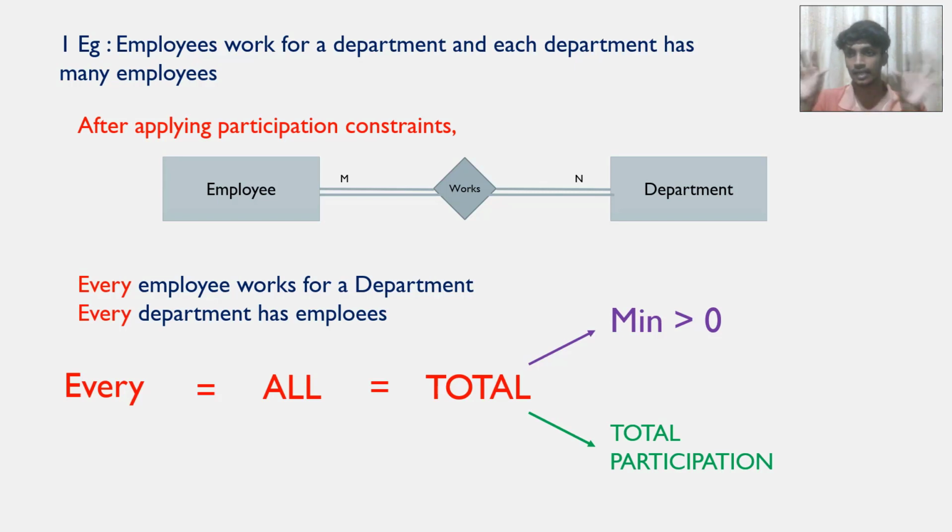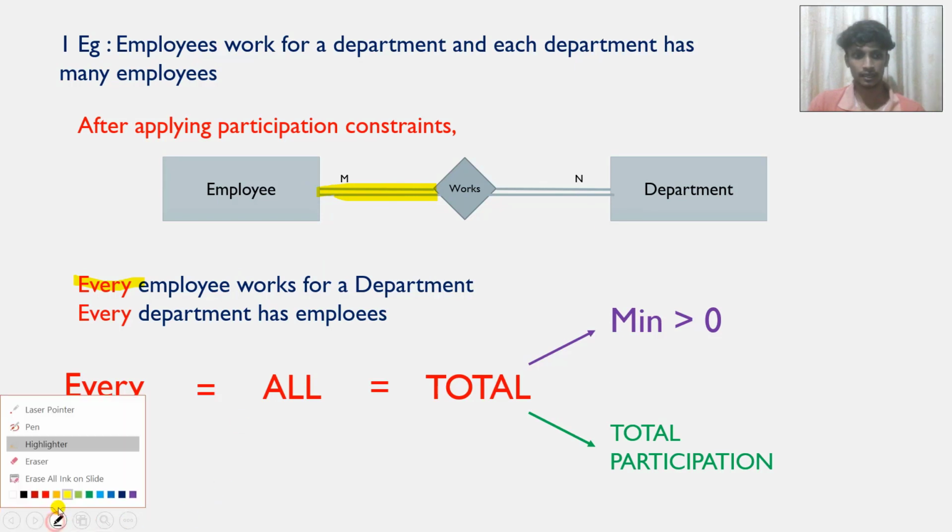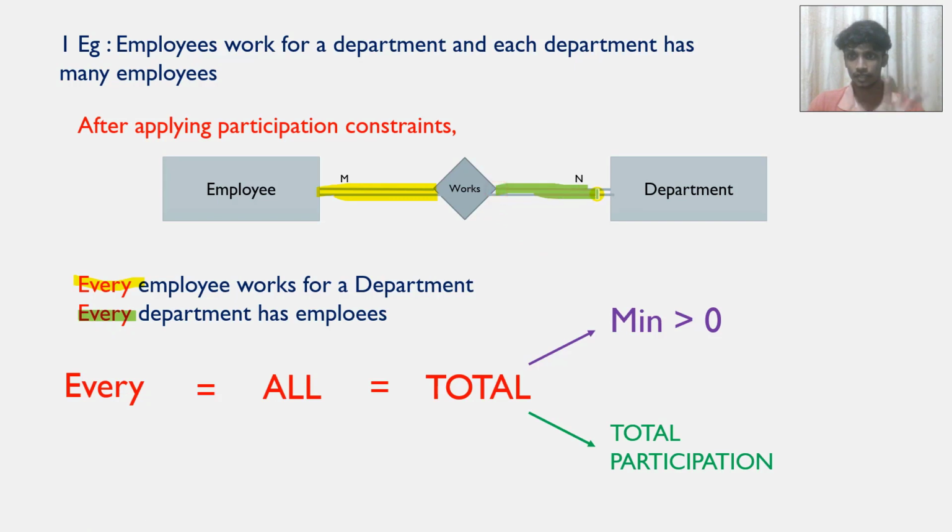So both sides mean every. That's why I have emphasized that word over here. So every employee, this part, works for a department, and every department, which means this part, has an employee.